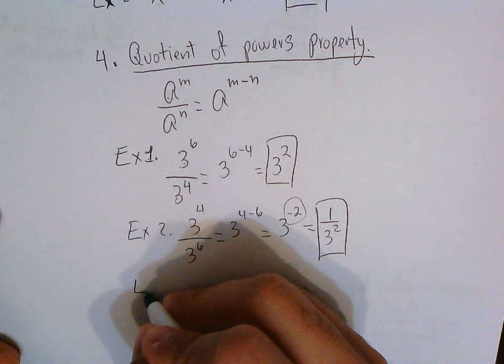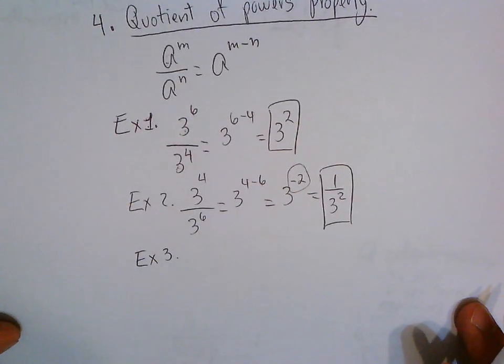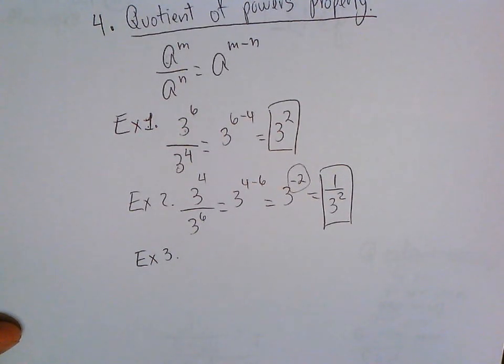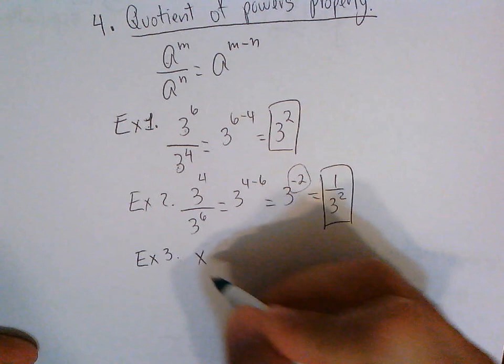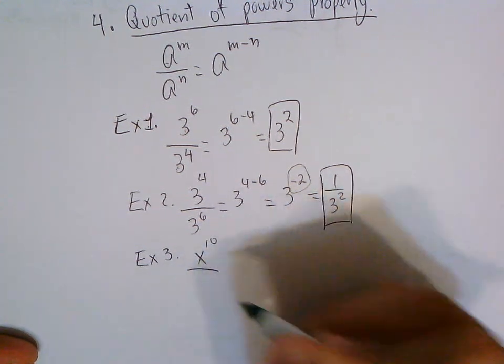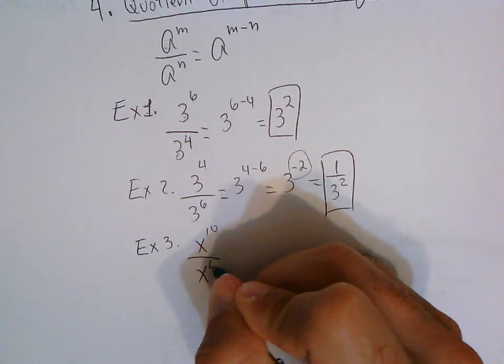Let me do one more example, and in this one I'm going to use variables. Say that I have x to the power of 10 over x to the power of 4.